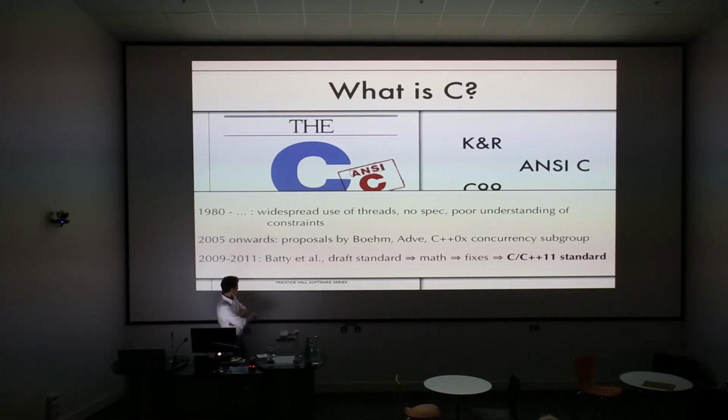Then there was academic work by Mark Batty and others that took the draft of the standard, formalized it in mathematics, and realized that there were problems in the statements of the standard. So there were fixes, and all this ended with the C/C++11 standard.